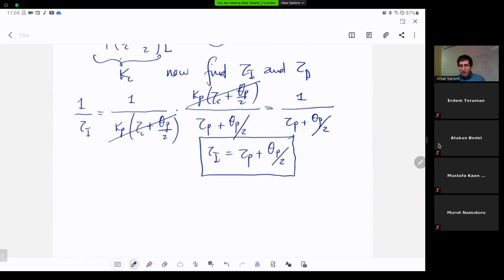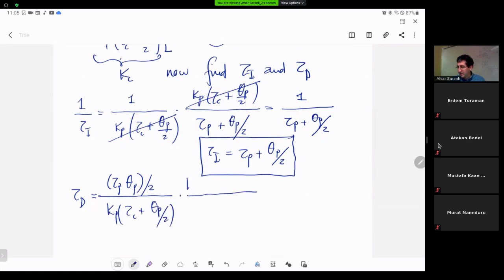Also, as our final step, tau d is similarly, we can find it directly, 1 over 2 over again kp tau c plus theta p over 2 times kp tau c plus theta p over 2 and tau p plus theta p over 2.